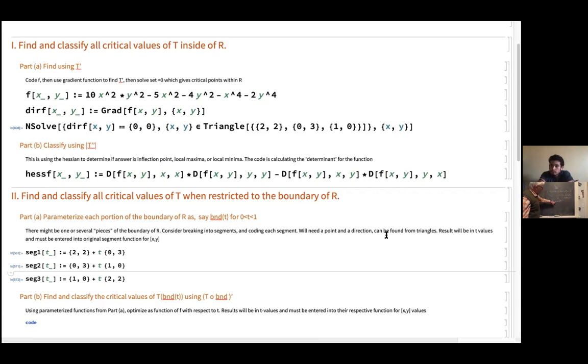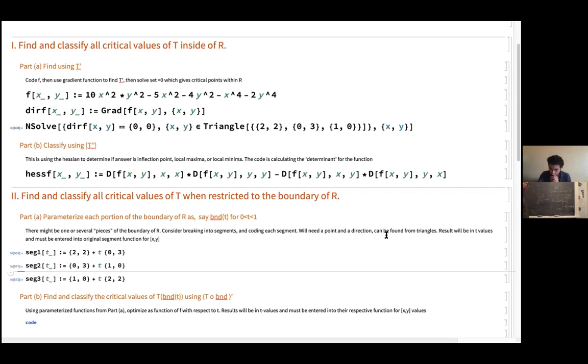And so f of U1 of t, f is x squared minus y cubed x plus 4. So this is x squared, so that'll be (1 plus 3t) squared minus, and then y cubed, (2 plus t) cubed times x, plus 4. And again, 0 less than or equal to t less than or equal to 1.